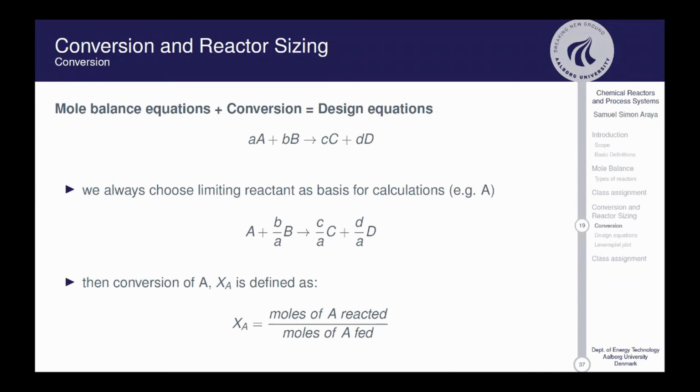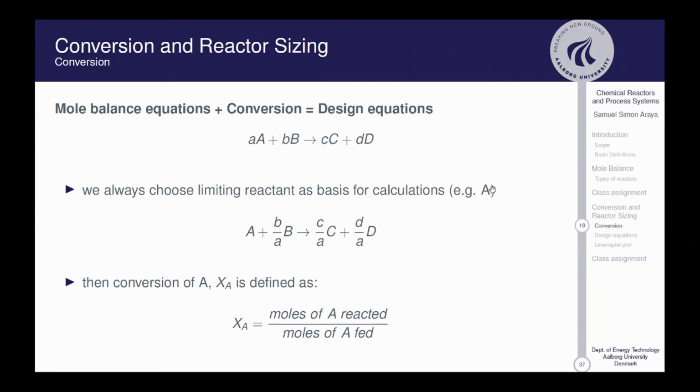In these reactors, if we take a generic reaction that you can see here, aA + bB go to cC + dD, which we take as a balanced chemical equation, then for all our calculations, we use the limiting reactant as the basis for proceeding.